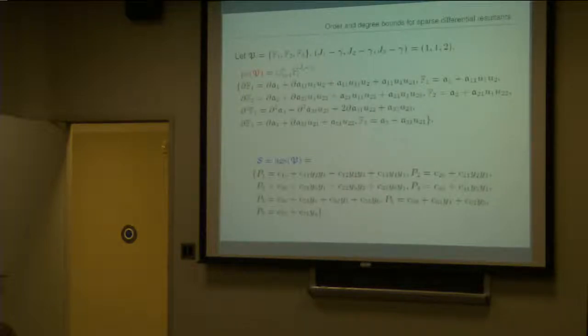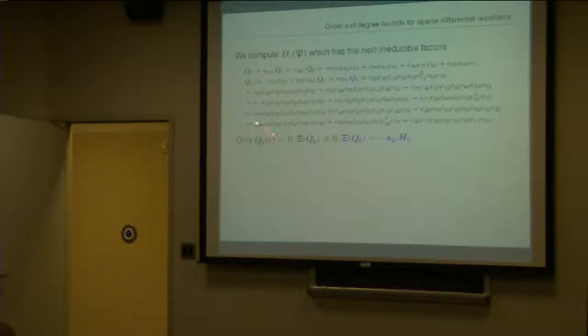So we replace the independent terms of these polynomials by minus the homogeneous part, and the other ones remain the same. And this way we have a generic zero. So only Q6 is 0 after this substitution, and the evaluation of Q6 is different from 0. In fact, it's equal to A21 times this H0, and this is the differential resultant.